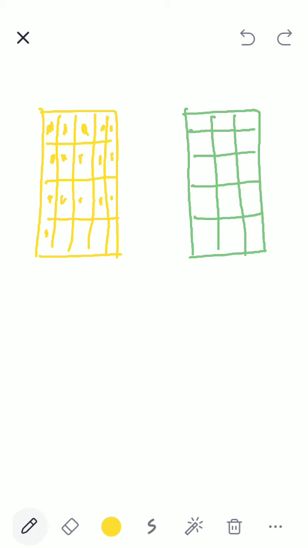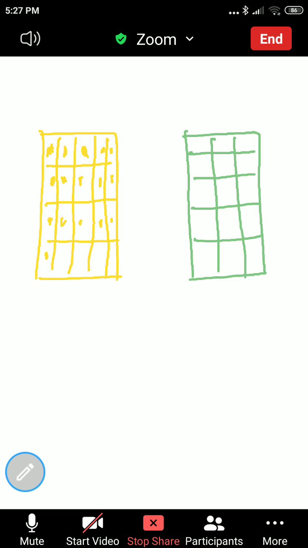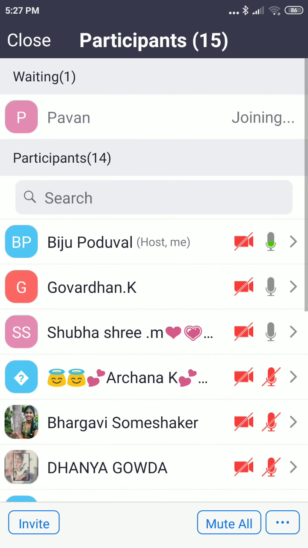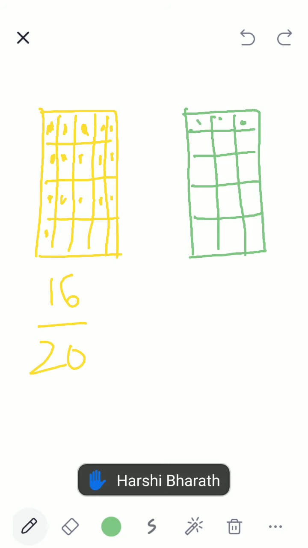What is the fraction of pieces I take? 16 by 20, correct? Yes, very good. So 16 by 20 is the yellow chocolate fraction I take. Now, for the green chocolate, I take 1, 2, 3, 4, 5.